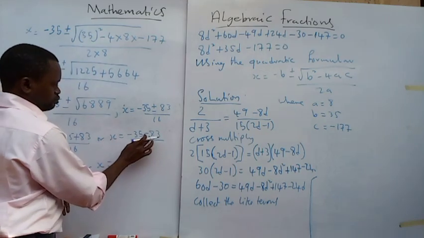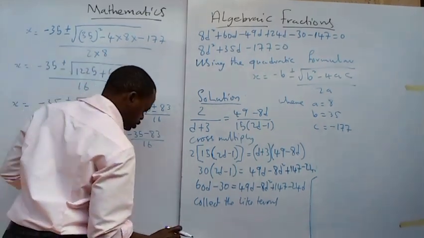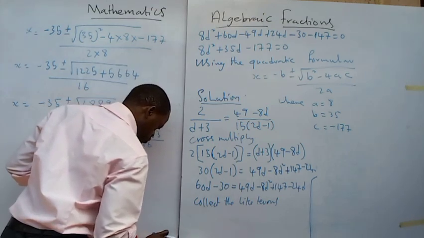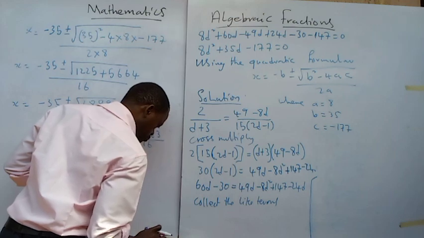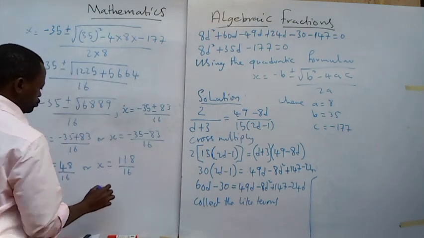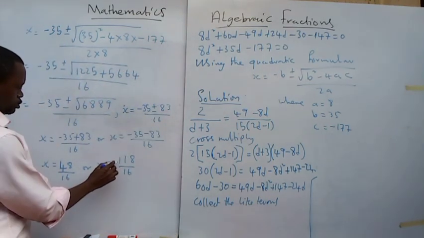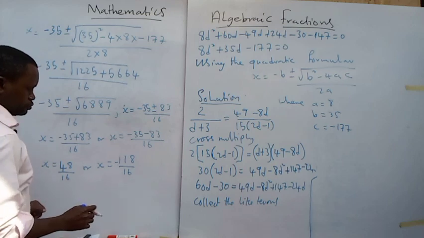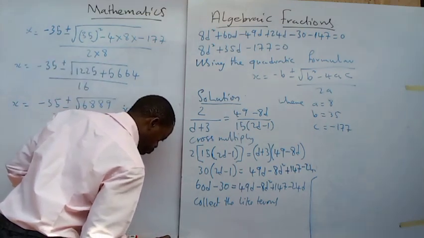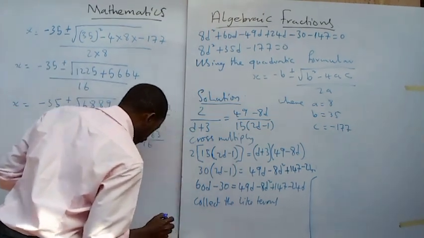this is minus 35 minus 83, so it's double subtraction. So I'm adding 35 plus 83, that's 118 over 16. Let me check this one first. This is minus, so negative, divided by 16, 7.4.